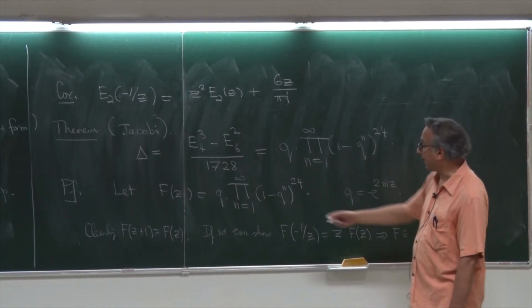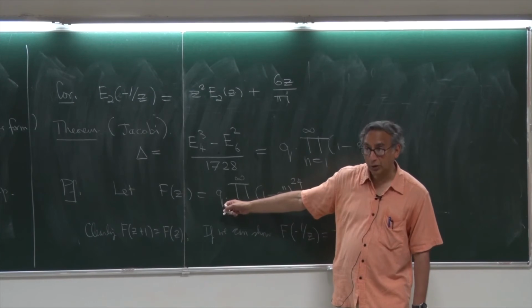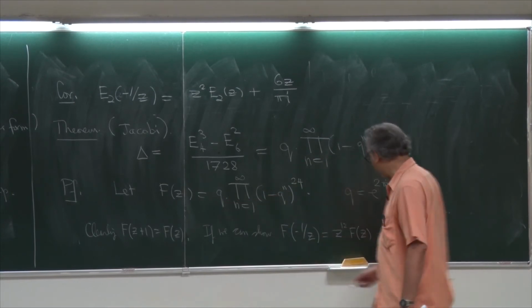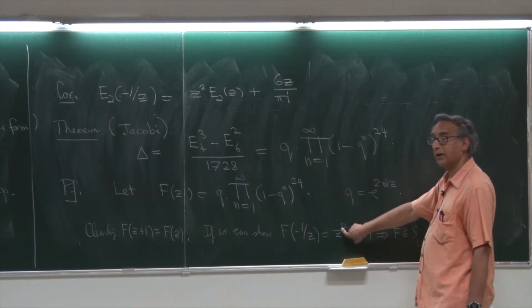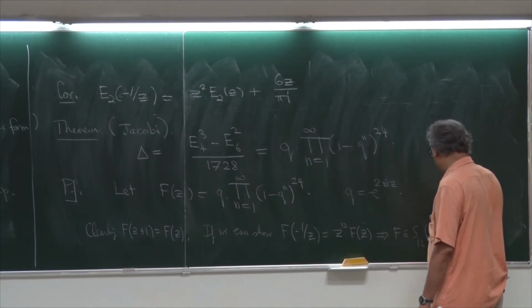In fact, f is a cusp form because the expansion starts at q. It vanishes. So f is a cusp form of weight 12, because that's where this 12 is coming from, on the full modular group.